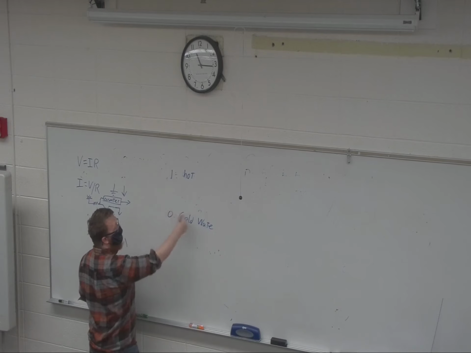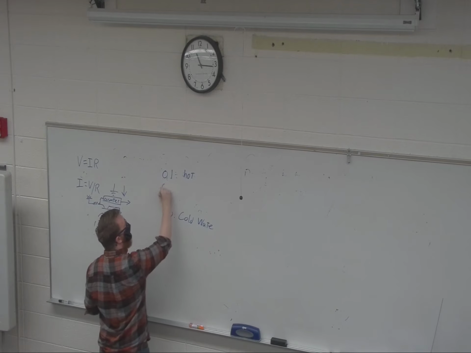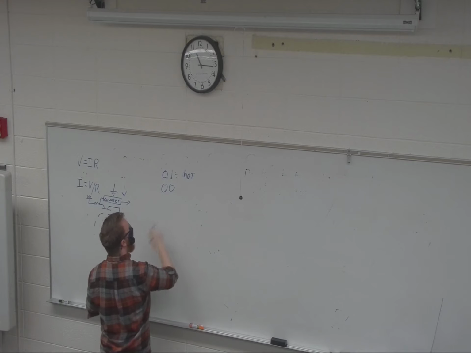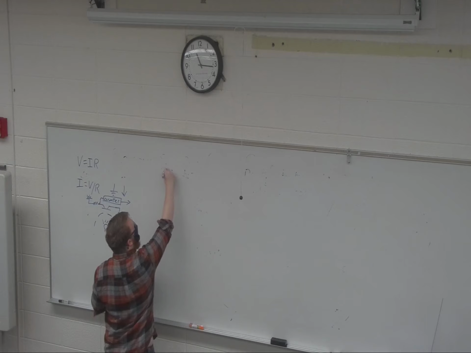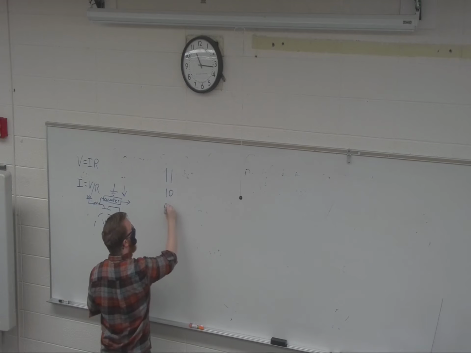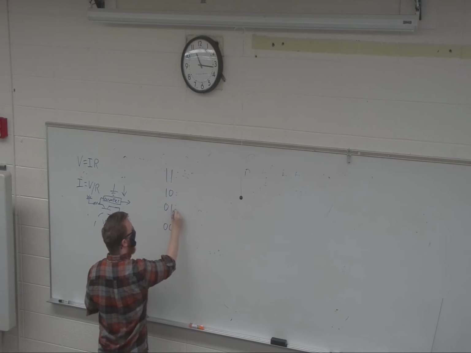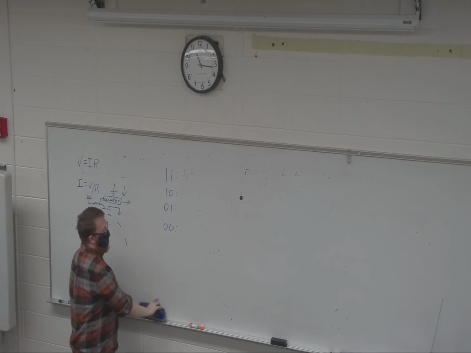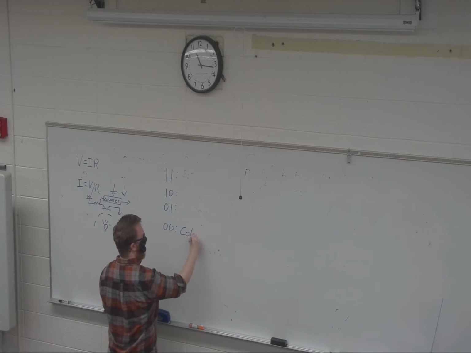But if I need more than that, I can modify this. Let me change this a little bit. Using our binary counting, if it's 0, 0, it's cold.